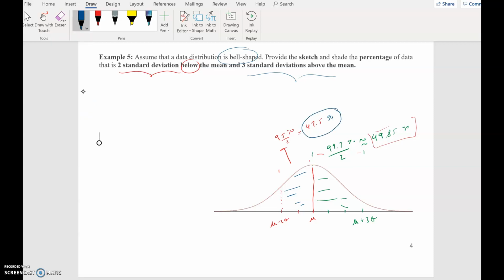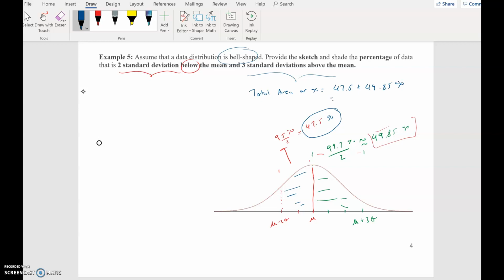Now, total area or percentage. It's equal to your 47.5 plus your 49.85%.